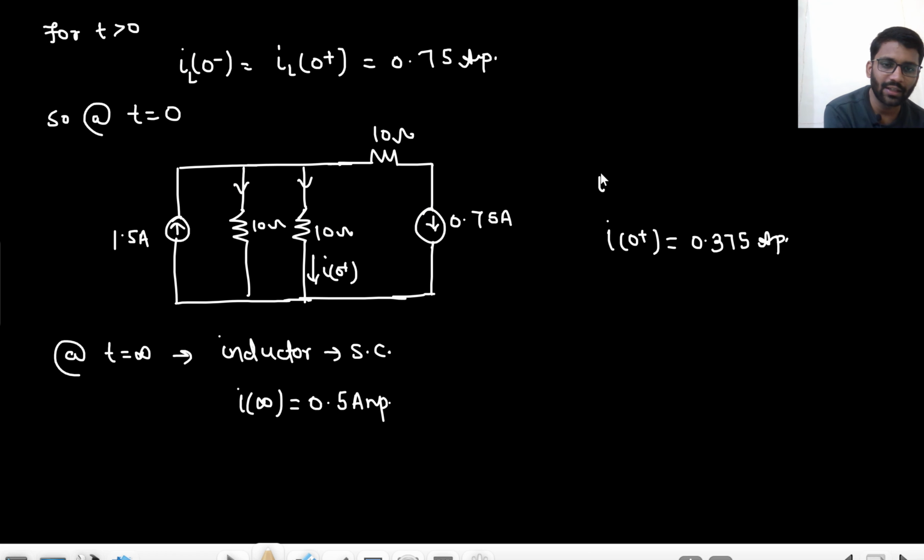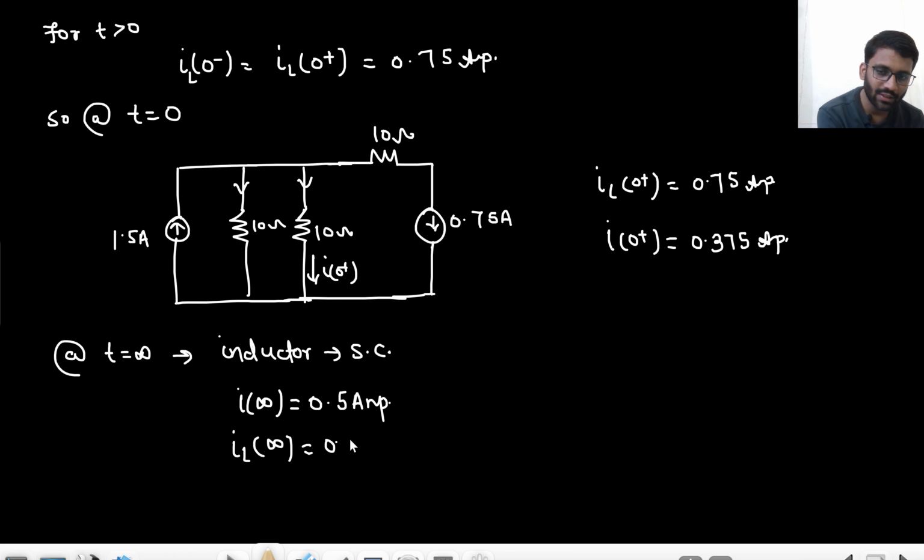And if I am talking about IL of 0 plus, that would be 0.75 ampere, right? And here if I am talking about IL of infinity, that would also be 0.5 ampere, right?